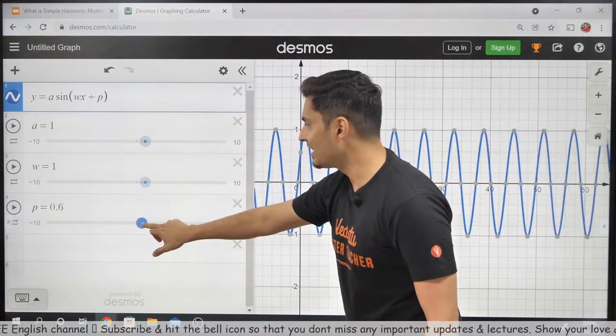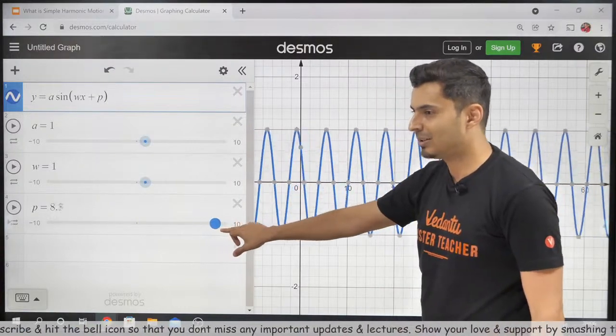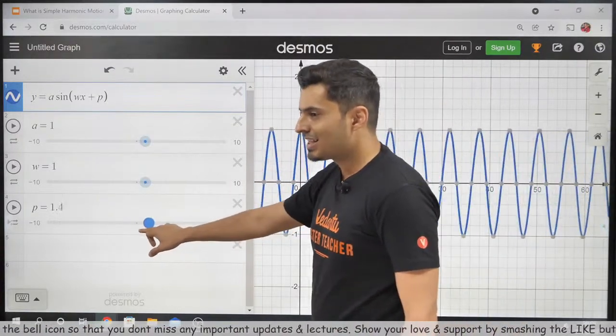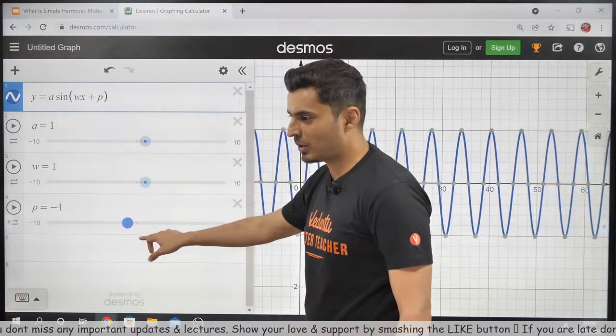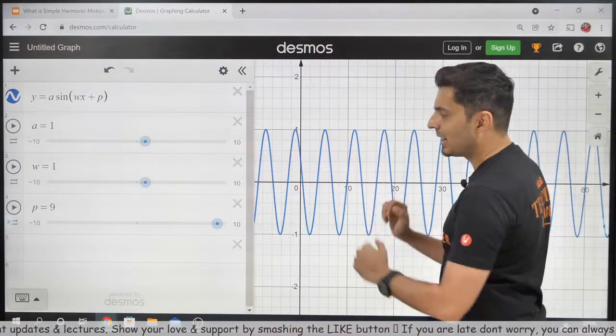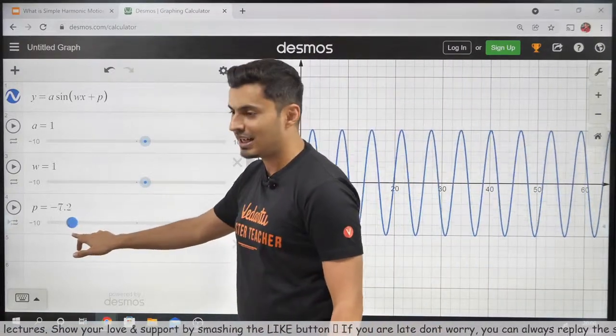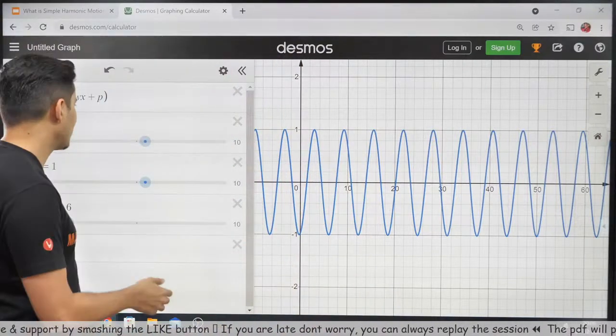The moment I increase this, look at this, the graph is going behind. Do you see that the graph is going behind? And if I decrease it, then the graph goes ahead. What a perfect thing. So increasing the value of phi shifts the graph behind, and decreasing the value of phi shifts the graph forward.